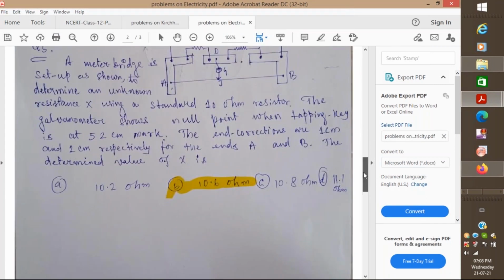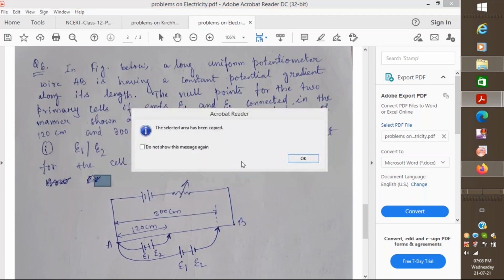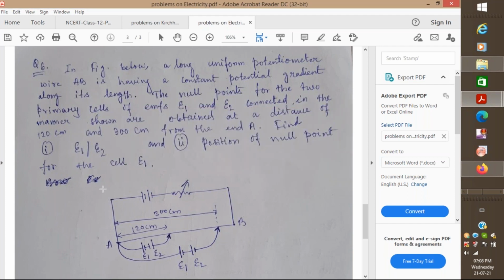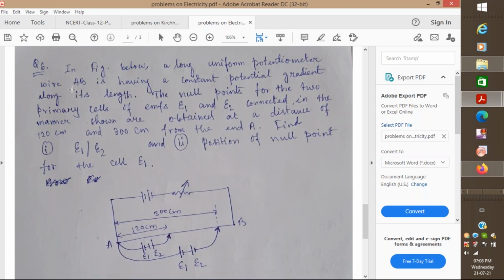Then we'll go to the next one. This question I'm not going to solve. I'll just take up the sixth problem. This problem also is very straightforward. The problem reads: in the figure below, a long uniform potentiometer wire AB has a constant potential gradient along its length.